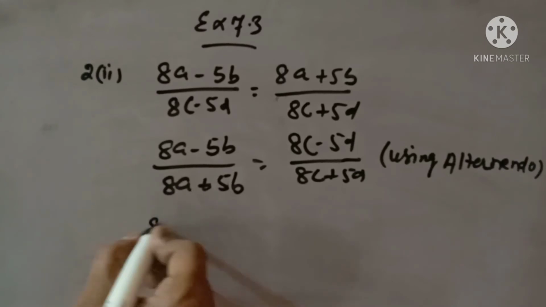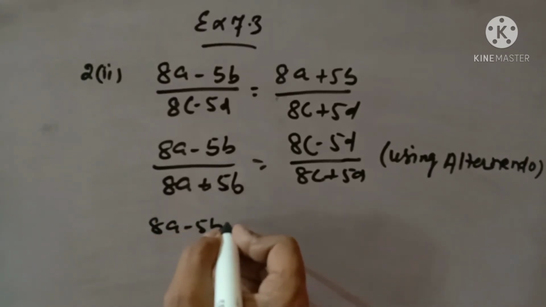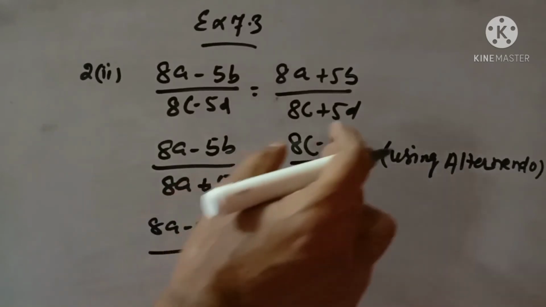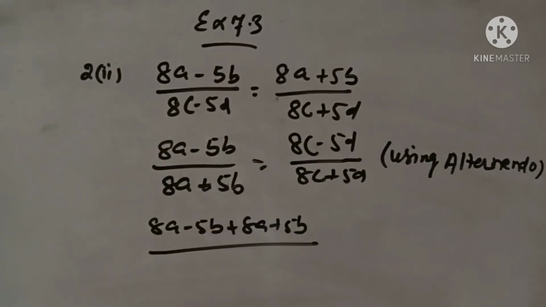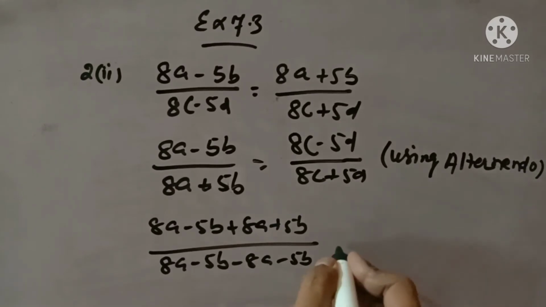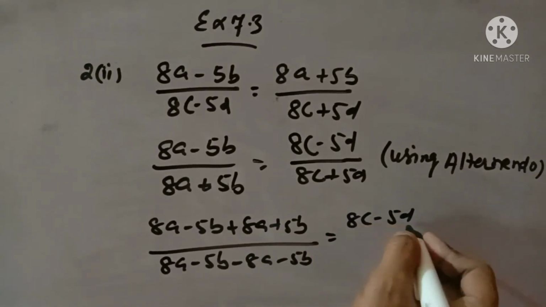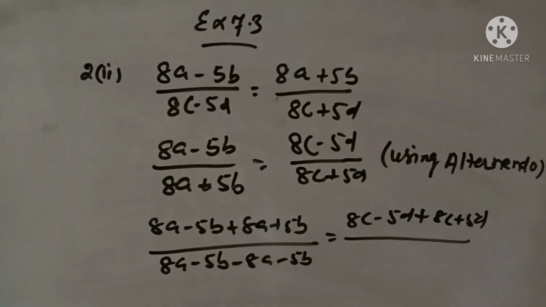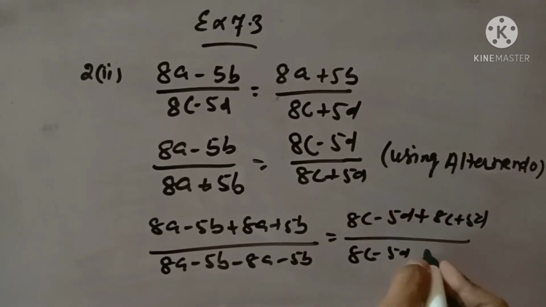Now I can write 8a minus 5b plus 8a plus 5b by 8a minus 5b minus 8a minus 5b, this is the a term, this is the b term, this is the c term, this is the d term, following a plus b by a minus b, is equal to 8c minus 5d plus 8c plus 5d by 8c minus 5d minus 8c minus 5d.